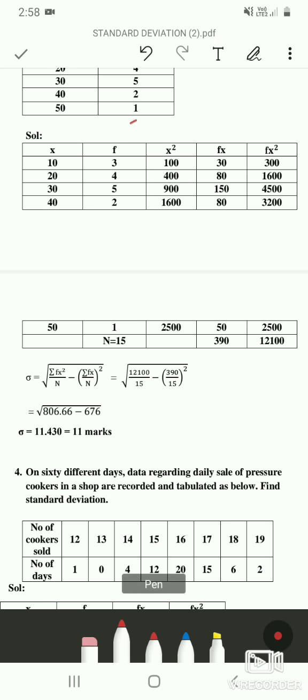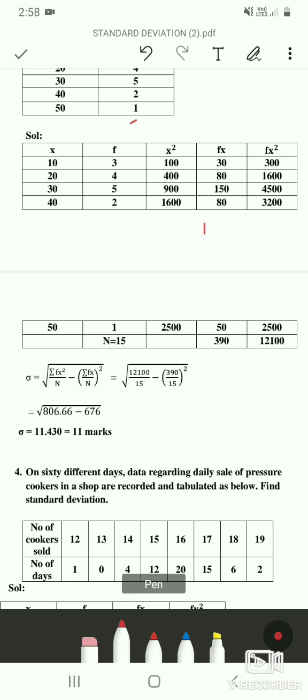Once you are done with the table, you will obtain summation fx when you add these values, and the value of summation fx square when you add these values. Once you obtain all the values, substitute them in the formula.